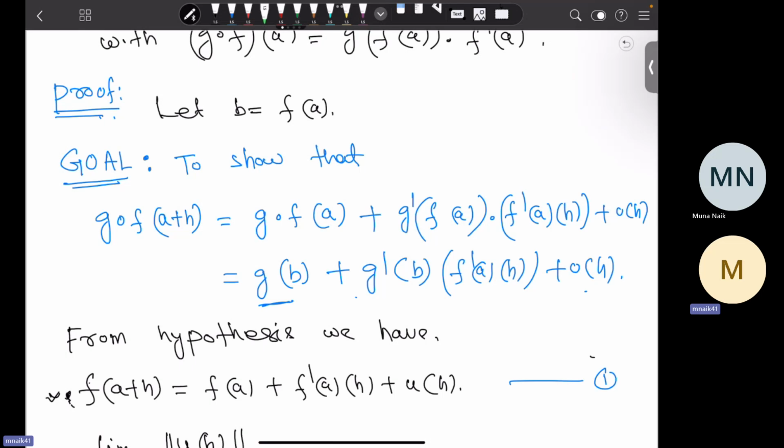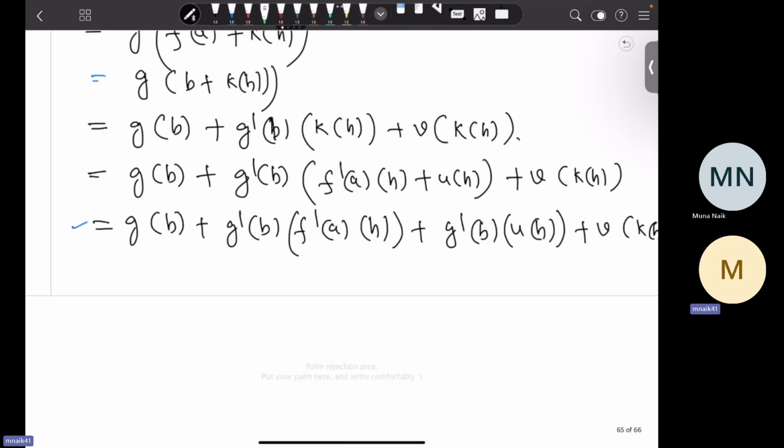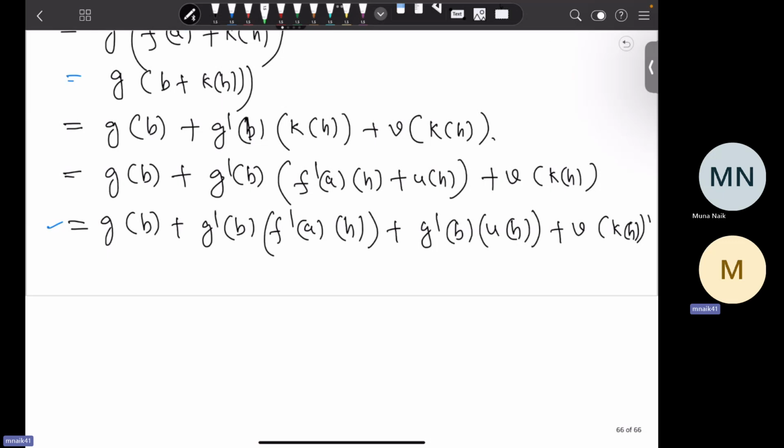If you look at these two expressions very carefully, this thing is there already. If I can show that whatever remains is little o of h, then I am done. So let us show that.